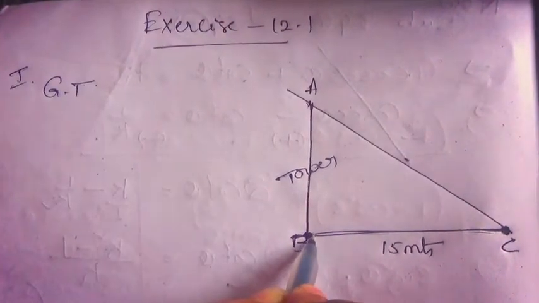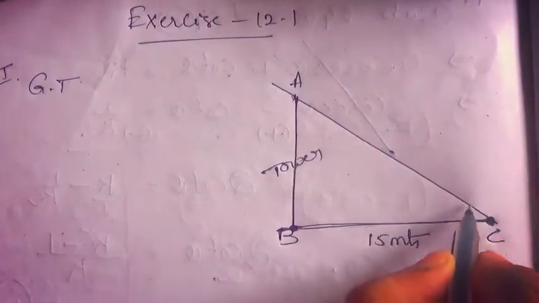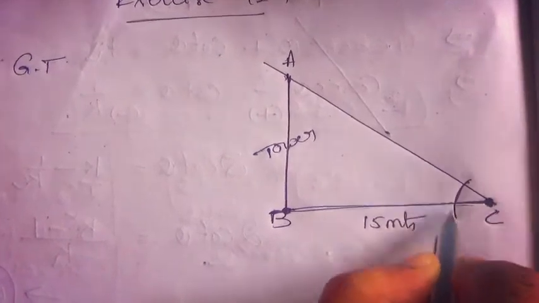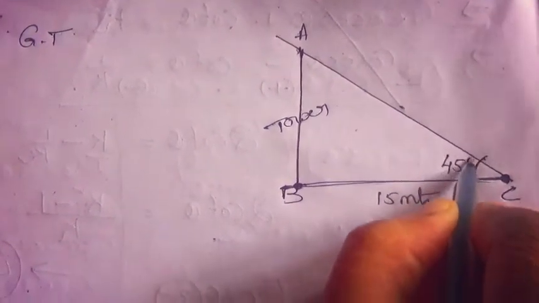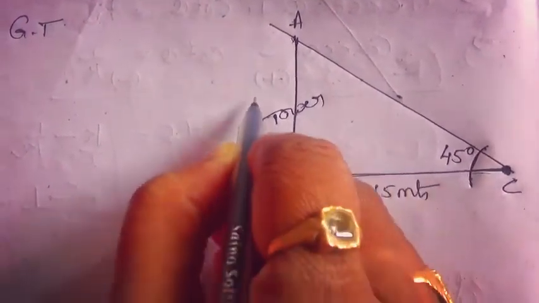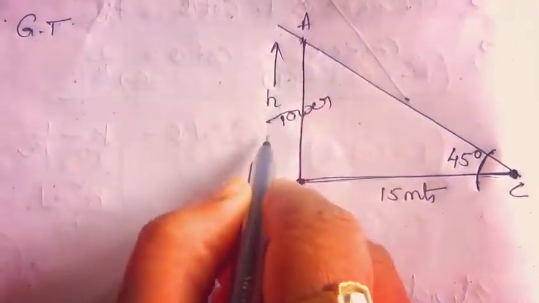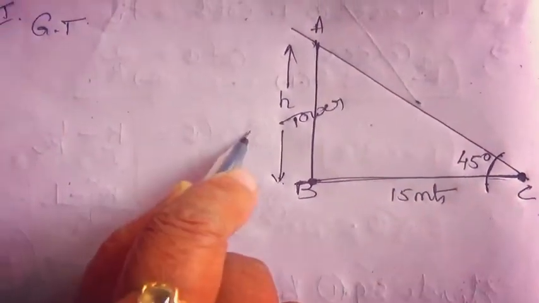The angle of elevation of the top of the tower is 45 degrees. What is the height of the tower? This we have to find out.